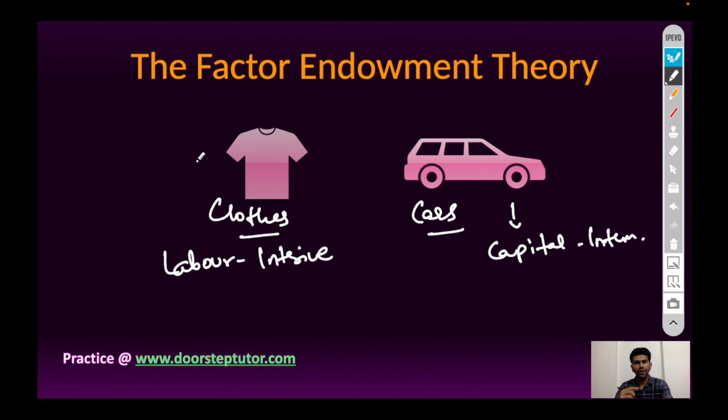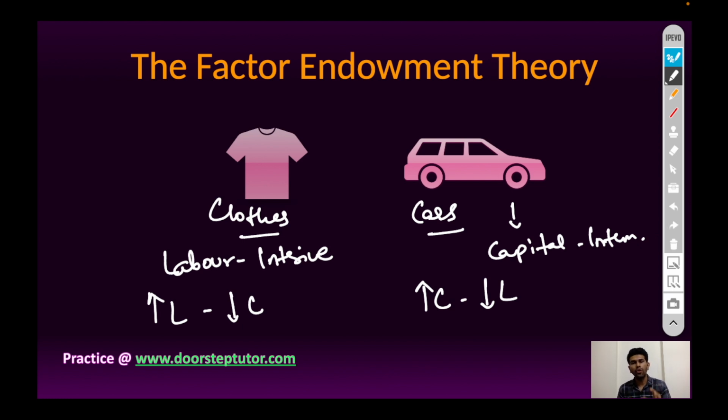Clothing requires more labor and less capital, whereas a car requires more capital and less labor. So, more labor is required in clothing and less capital, while in manufacturing cars, more capital is required and less labor.